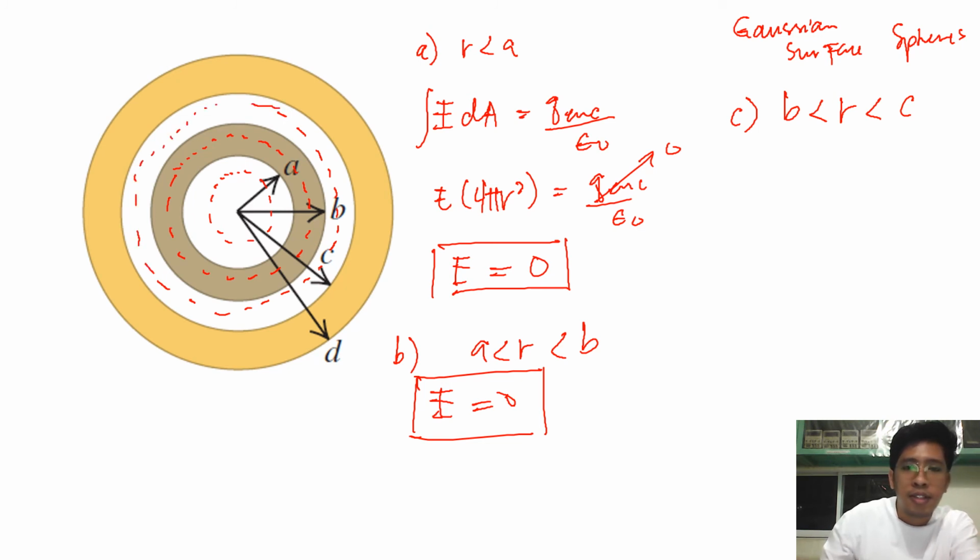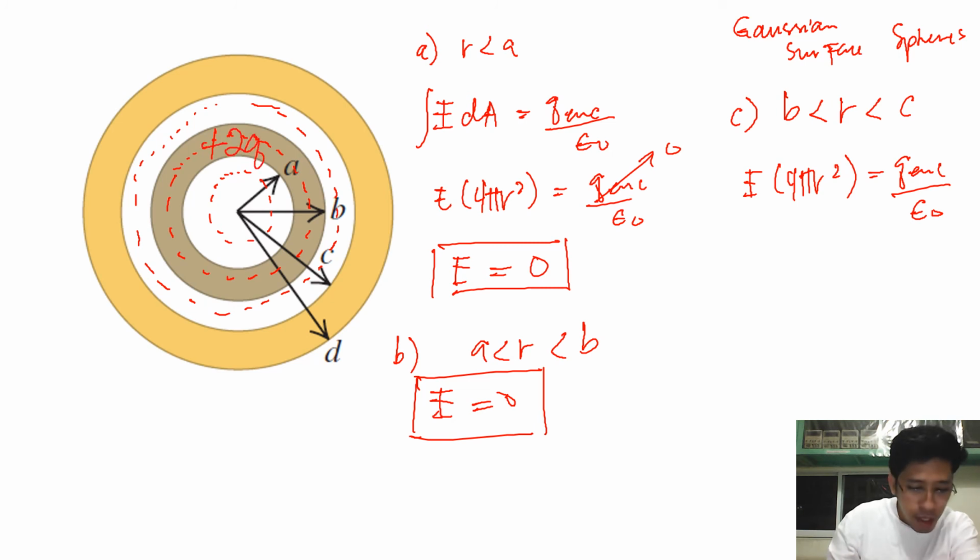So let's just use directly E times 4 pi r squared equals Q enclosed over epsilon naught. What is Q enclosed here? You are actually enclosing this one with plus 2Q, right? You have plus 2Q there. So that is what you are enclosing.